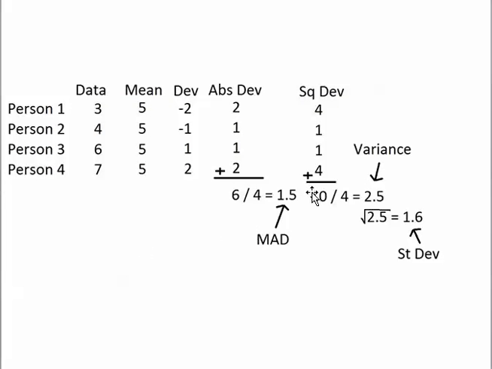Well, over here we have the MAD, because the MAD is just the mean of the absolute deviation column. If we find the mean of the squared deviation column by adding the squared deviations and dividing by the number of squared deviations, we get the variance. So the MAD is the mean of the absolute deviations. The variance is the mean of the squared deviations.